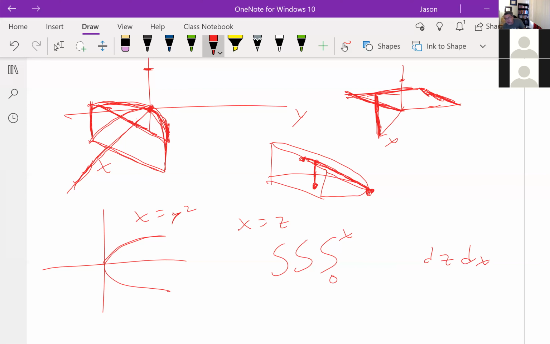If I did a function of x in terms of y, then I would have to do two different functions here.